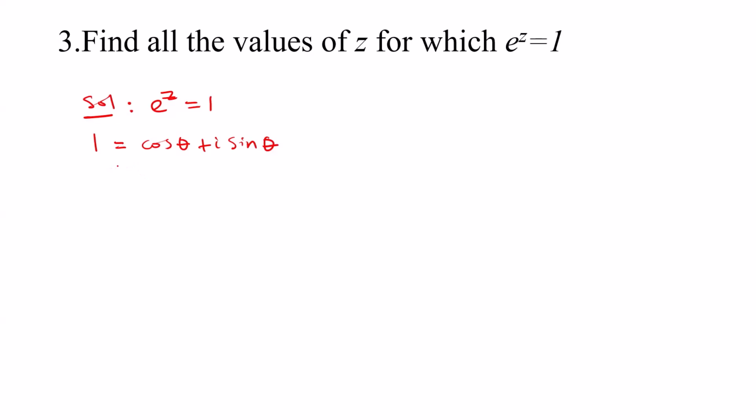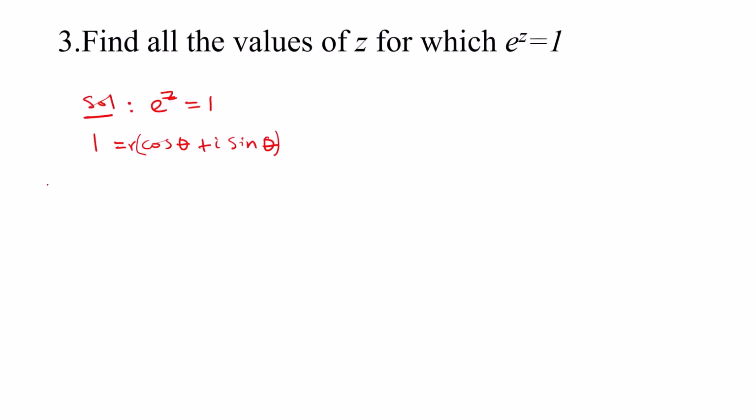And the next thing is we can compare the real and the imaginary parts on the left side with the right-hand side. So this should be r times (cos theta plus i sin theta).